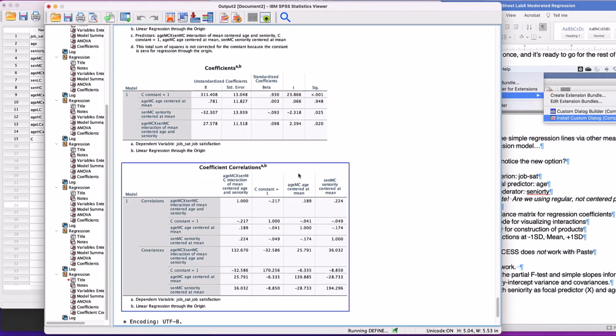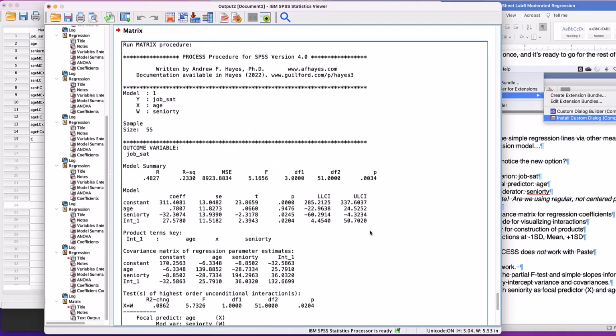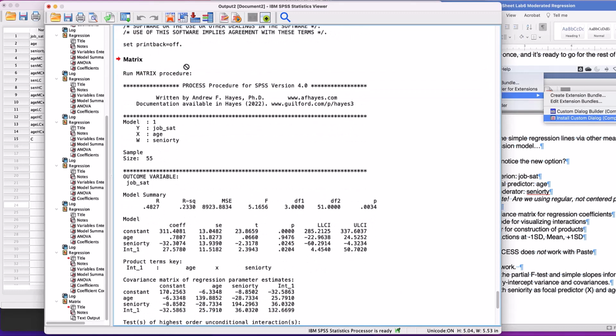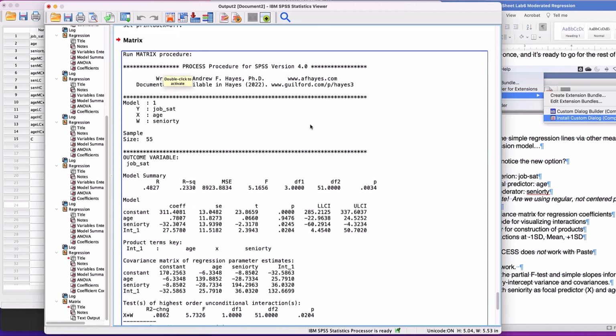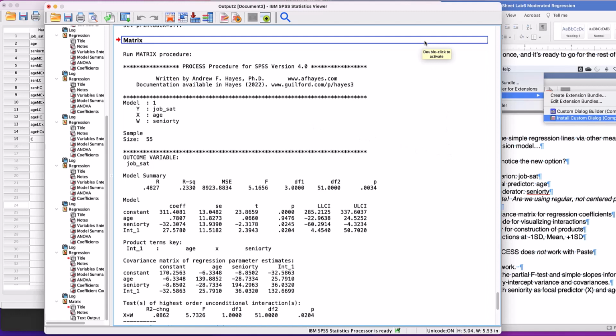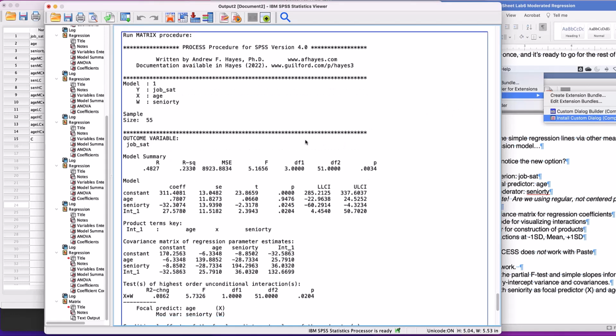And now it's thinking about it for a while, so it's running. It takes it a little bit to run. But now we have all of this. It's labeled matrix, and this is all the output for the whole regression. So that's why it's kind of easy once you can get it working, it really does everything. So we know that our Y was job sat, our focal predictor is age, our predictor that is the moderator is seniority.